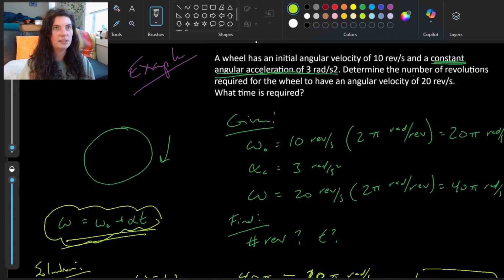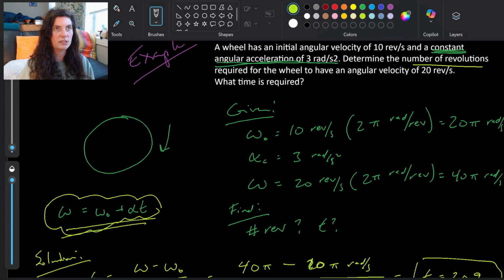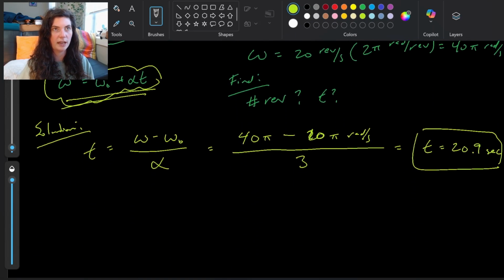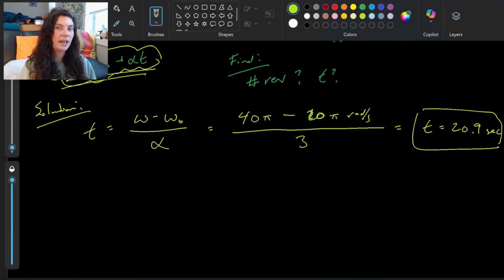Now we're going to deal with this number of revolutions. The number of revolutions it has to go through to get an angular velocity of 20 revolutions per second. So again, I'm still undergoing that constant acceleration, so I'm still going to want to use those constant acceleration relationships. The difference here is just knowing how to find that number of revolutions.